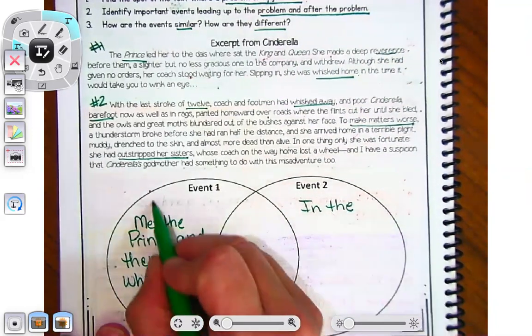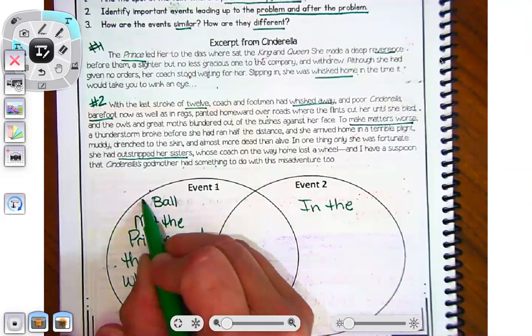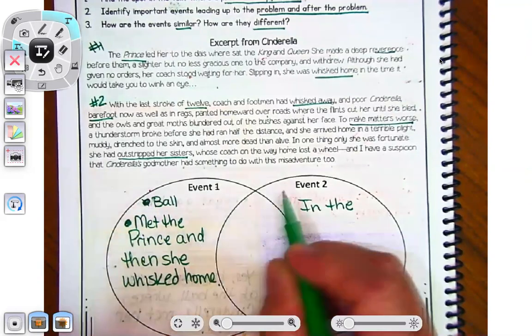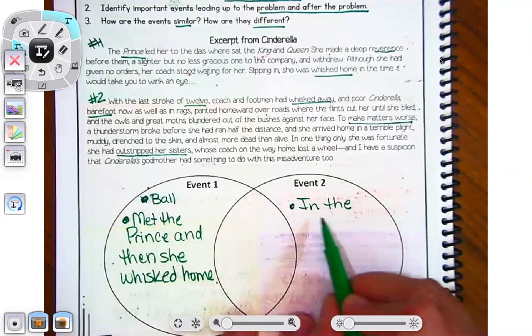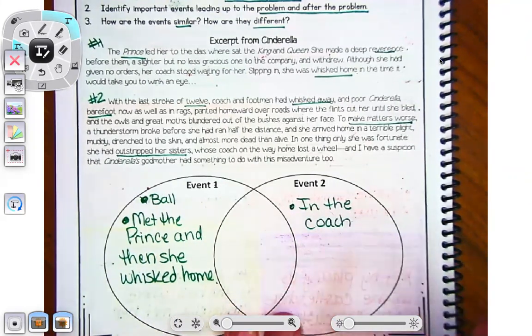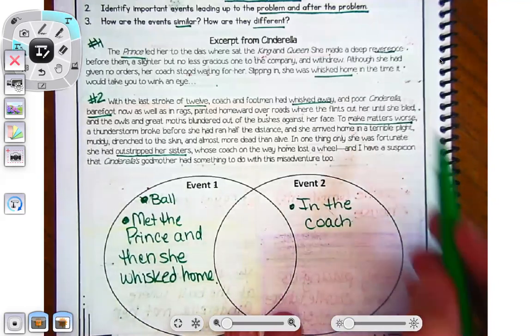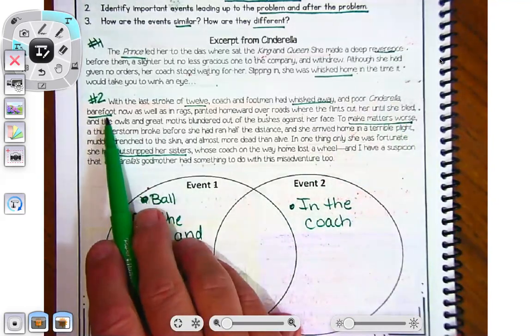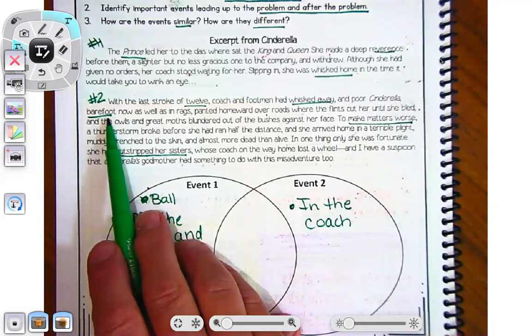Oh, this is the ball. We'll put little bullets. We don't have to write in complete sentences. So she's in the coach. She's barefoot. Hint, she's barefoot. So she's lost her slipper.